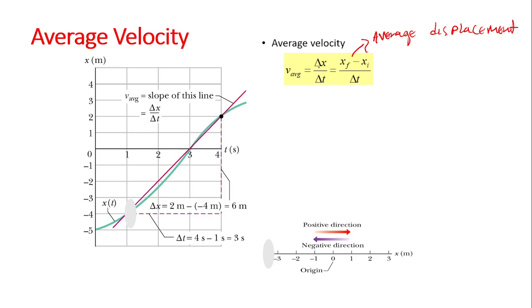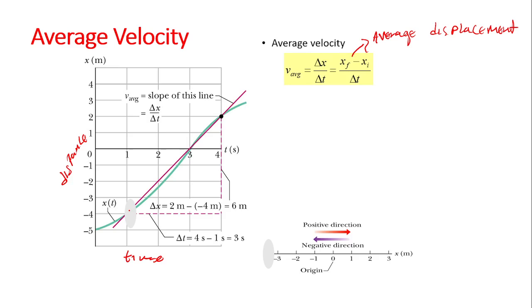In short, when you talk of the average velocity, you are just looking at the slope of the distance time graph. If you look at this graph, this side is time and this other side is distance. So when you are finding the average velocity, you are looking for the slope.